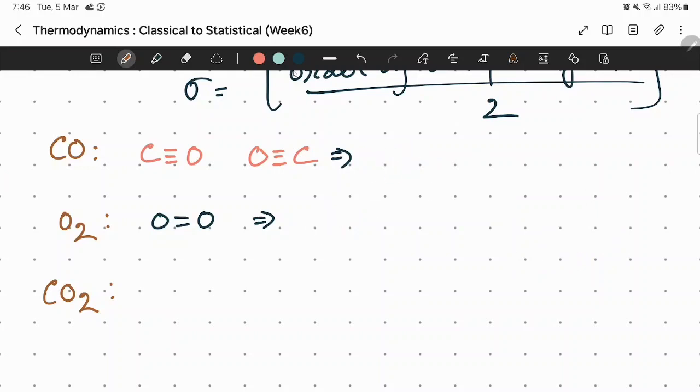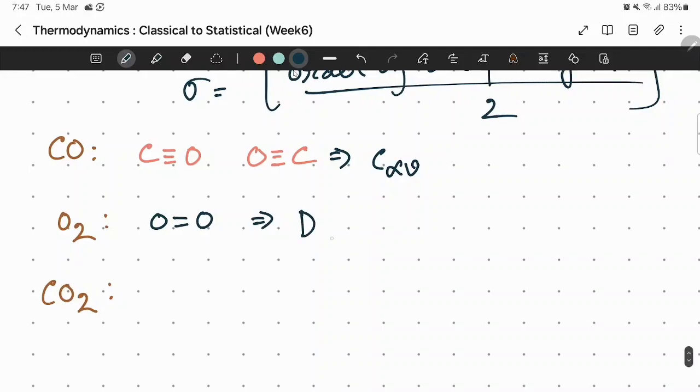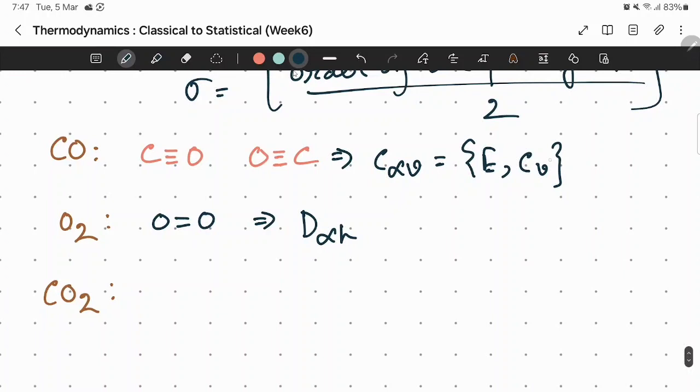Then I can do it. For CO it is C infinity V, but for O2 it is D infinity H. So for CO, two elements are there only, E and C infinity, so sigma will be 1.